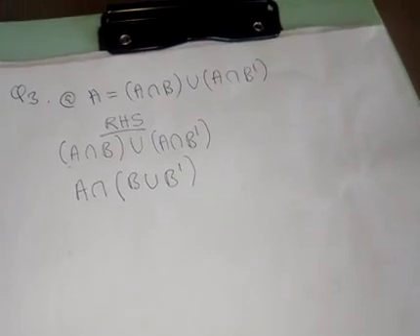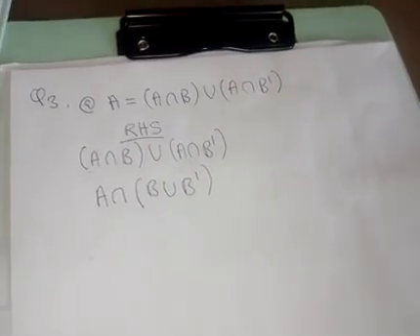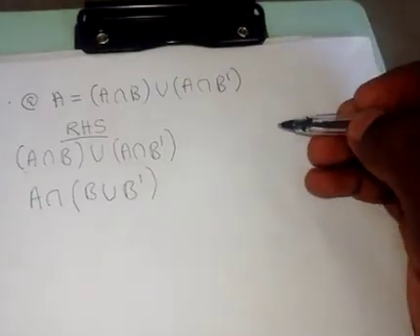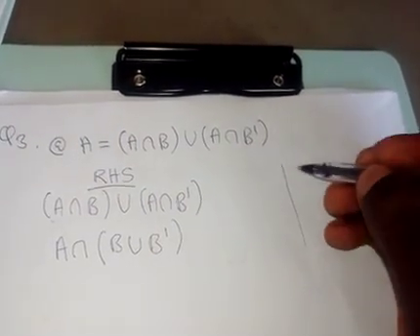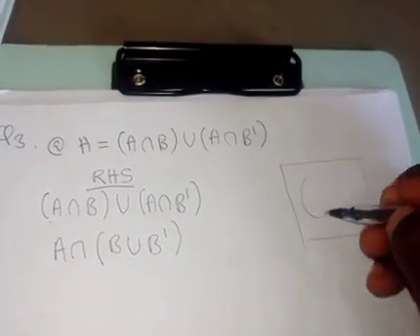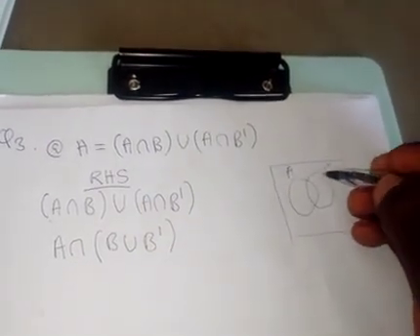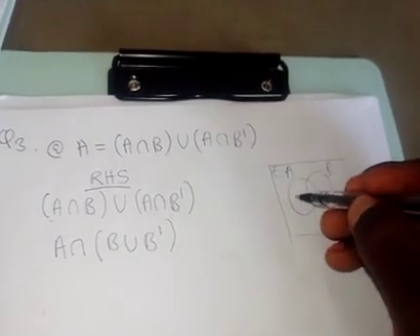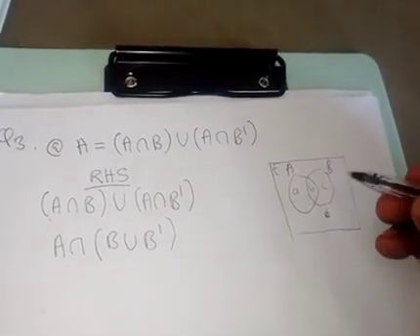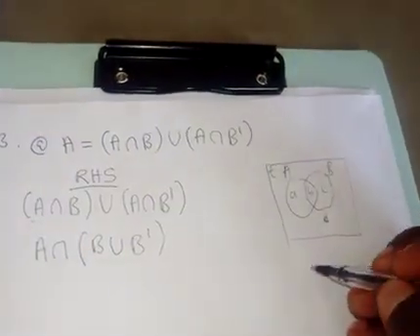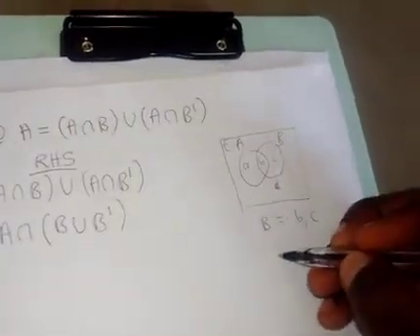Then what is B union B complement? If you have a set, let's say here we have A, B, C, D. Set B is just B and C, then what is B complement?